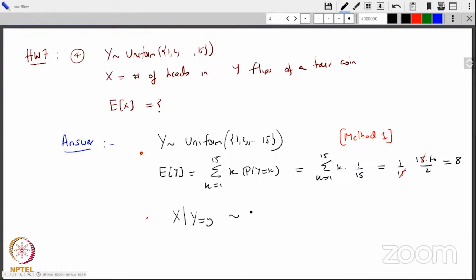Can someone on chat say the distribution of X given Y equal to y? I'm flipping a coin y times, counting the number of heads. So X is the number of heads in y flips of a fair coin.